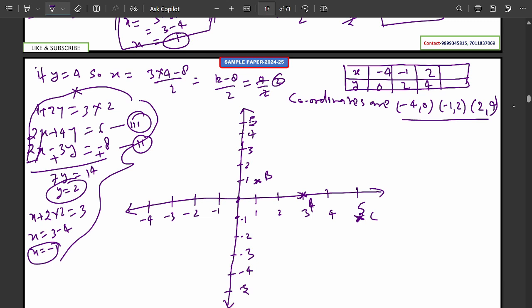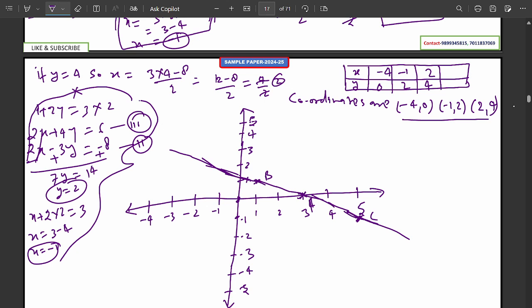So you just draw a line with the help of a scale or ruler. It will be a straight line if you draw with the ruler, and on the graph paper it will be a straight line.